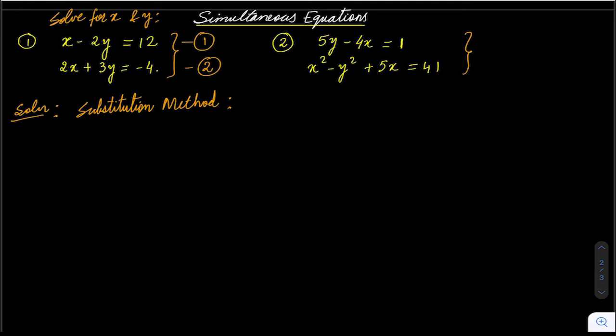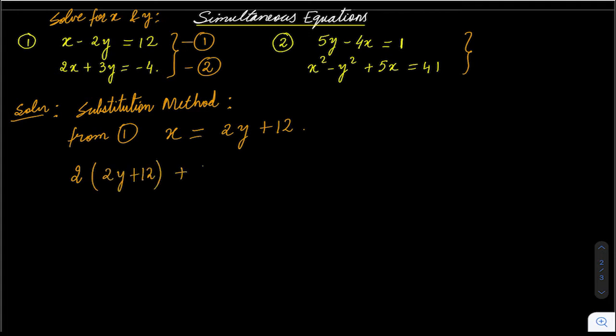Okay, so let's do it. From my first equation, if I take 2y to the right side, I can say my x value is 2y plus 12. Now I will substitute this in the second equation. Instead of x, I will write 2y plus 12, so 2 times x plus 3 times y equals minus 4.